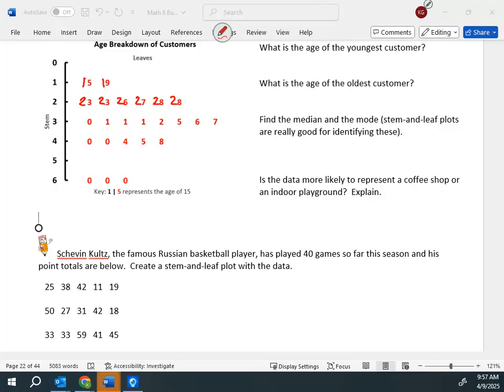Super important to know that that stem has to go in front of our leaf. And we're going to see when we answer questions what makes it really important for us to connect those together. So finish up writing out what these numbers truly are, not just their leaves, but put the stem in front of each of these numbers so we see what numbers we're working with. With our stem of 3s, we're going to put a 3 in front of each number.